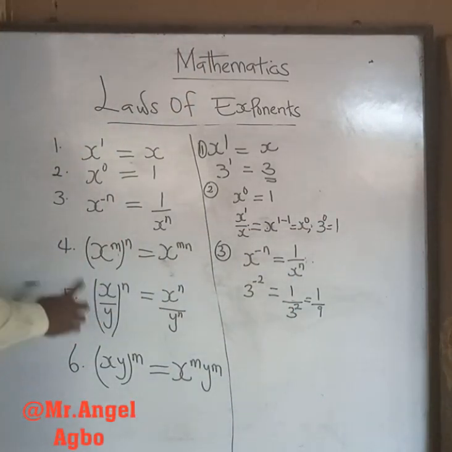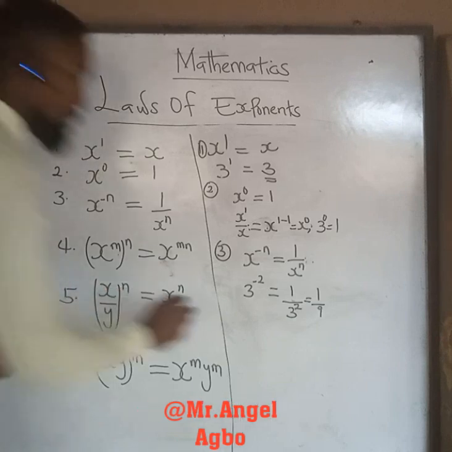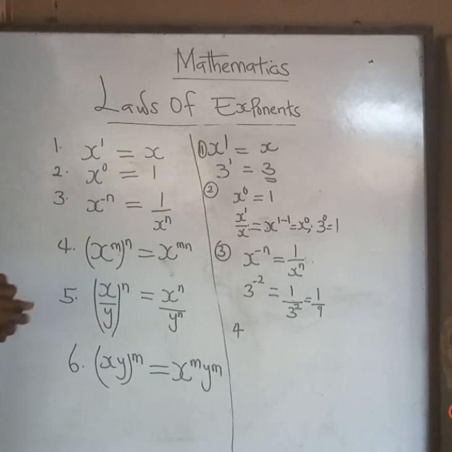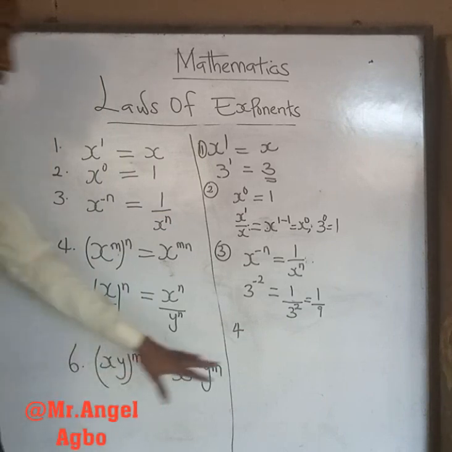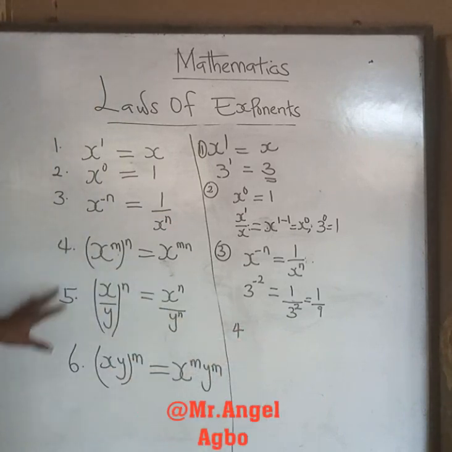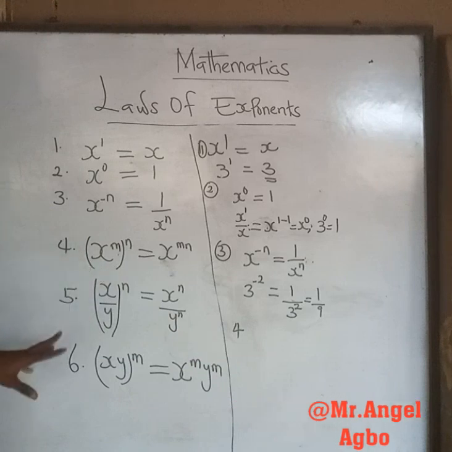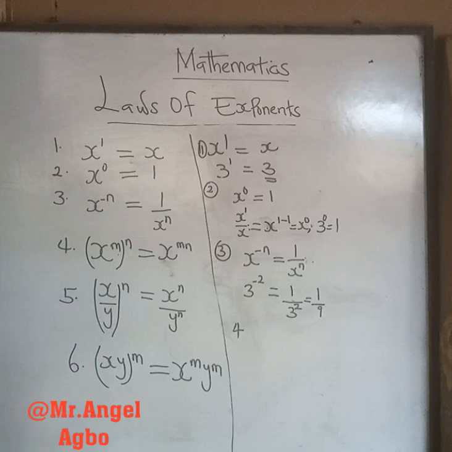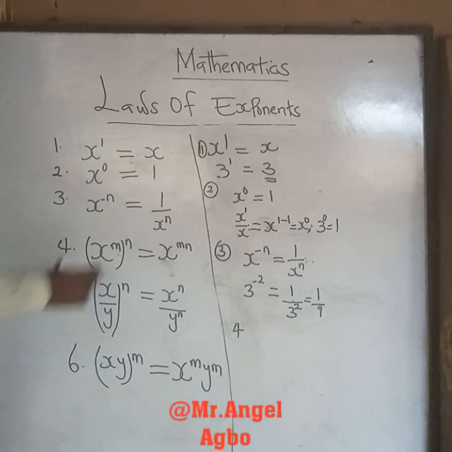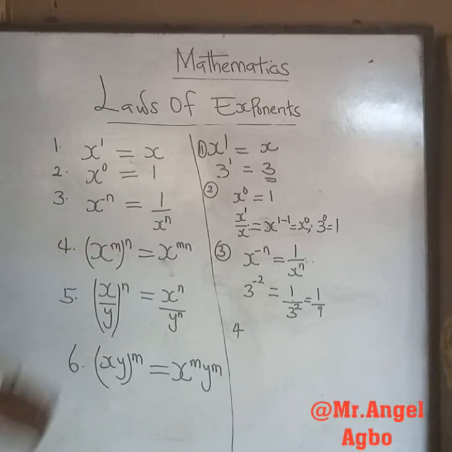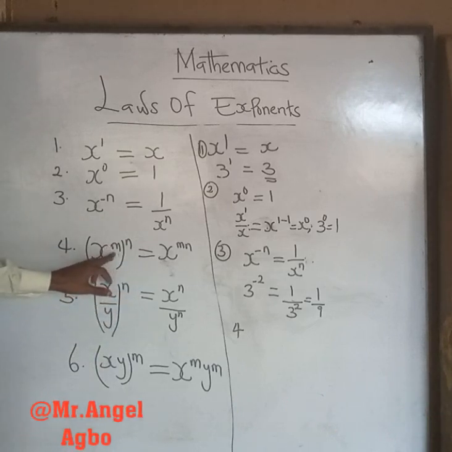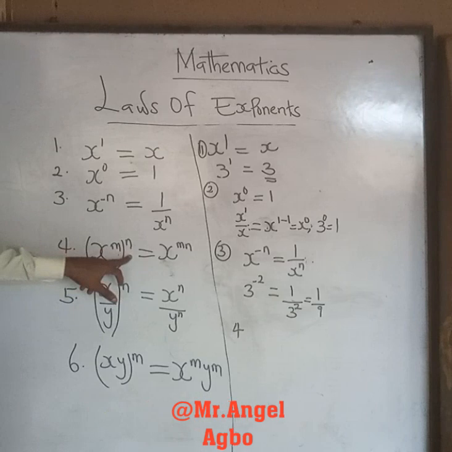Let's move to number 4. I'm using numbers after the letters so that you'll be able to get it clearly. Number 4, we have open bracket x raised to the power of m, close bracket raised to the power of n. Now, when you have it this way, you multiply the power inside the bracket by the one outside the bracket.